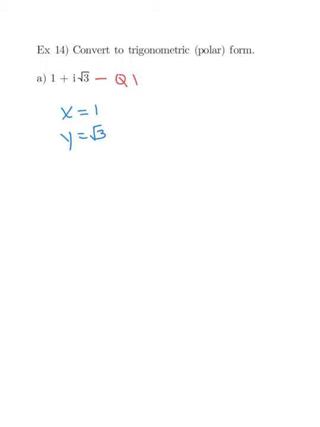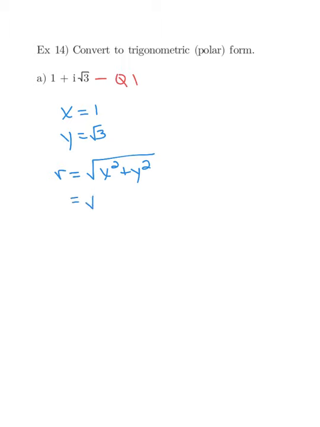Now that we know what x and y equal, we can find r, because r equals the square root of x squared plus y squared. Remember, r is our radius, and so we're just doing a Pythagorean theorem here.